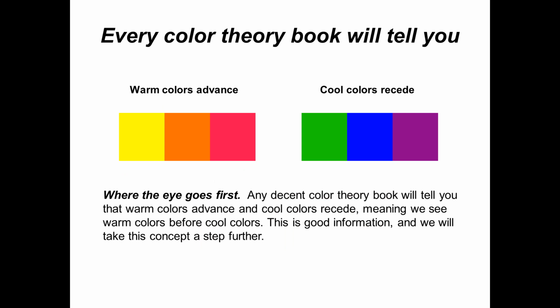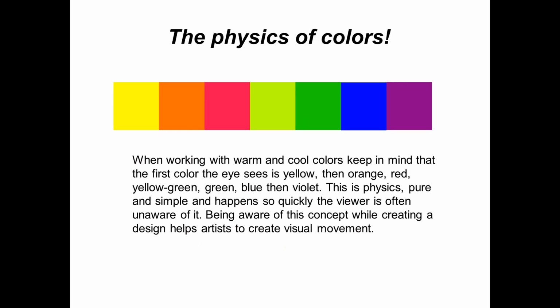Every color theory book will tell you that warm colors advance and cool colors recede. But let's take this a step further. What this is actually telling you is that you see warm colors before you see cool colors. Keep this in mind, though.